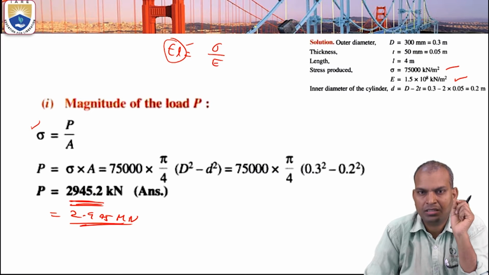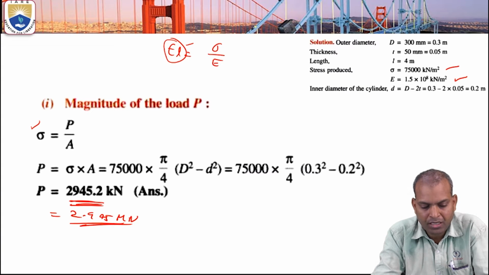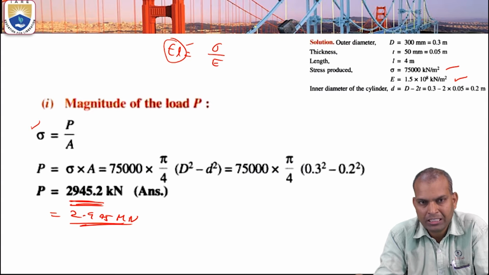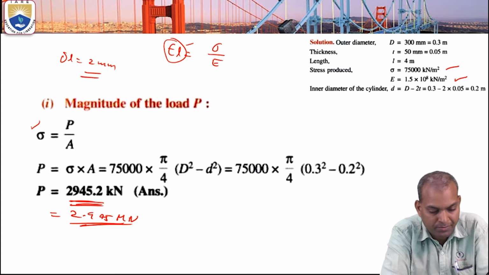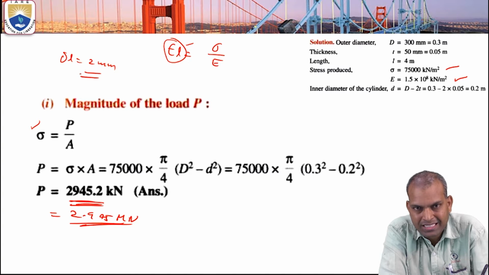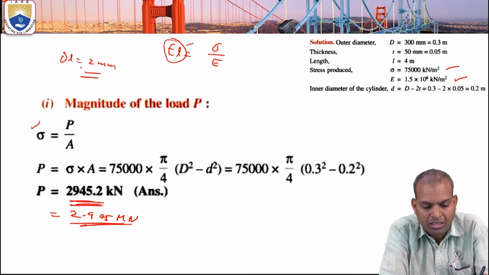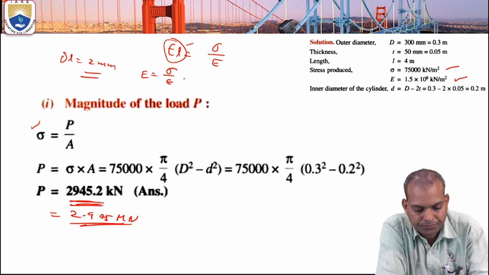Why is it happening? There are various factors affecting the decrease in length, delta L, of 2 millimeters. Various parameters affect this deformation. Let us take E equal to stress by strain.